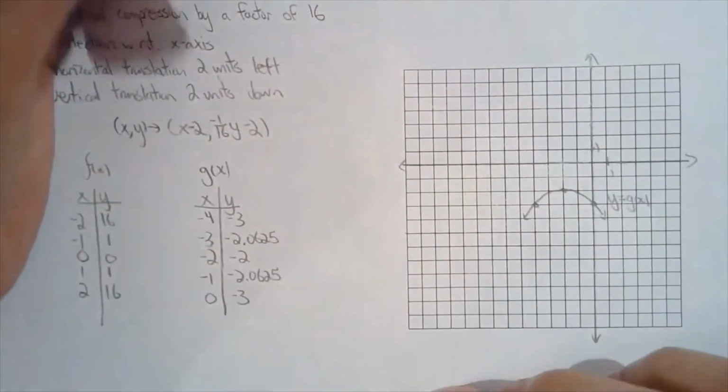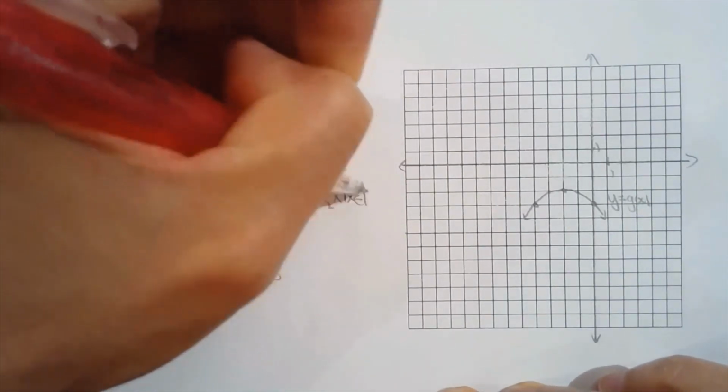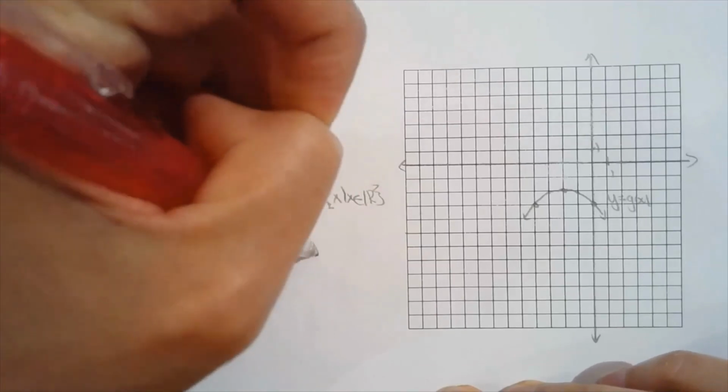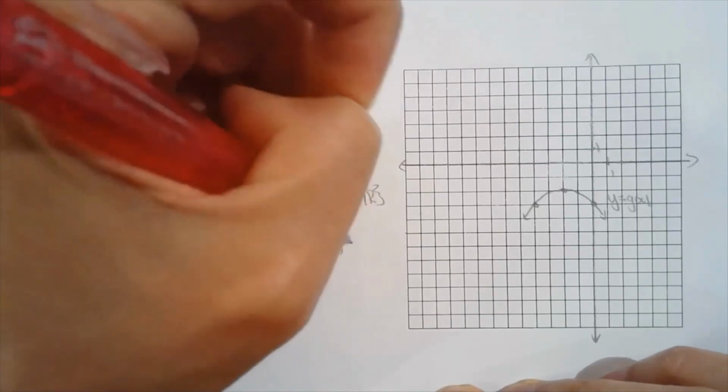Beautiful. Beautiful. Domain of g, all real numbers, of course. And the range of g is anything less than or equal to negative 2.